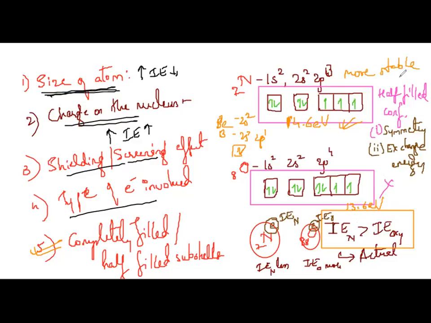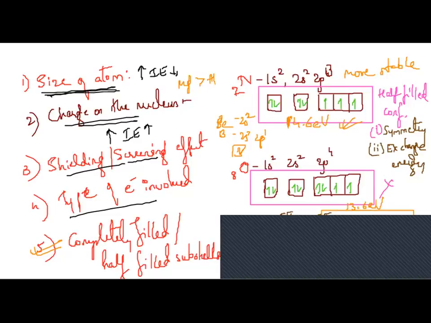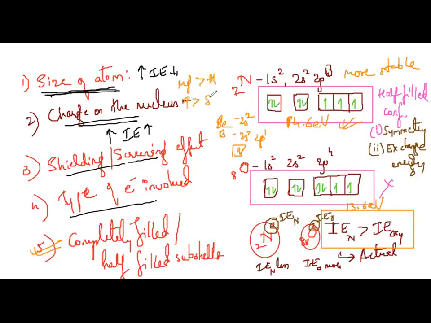Similarly, the ionization energy of magnesium is more than that of aluminium, and that of phosphorus is more than that of silicon. Nitrogen belongs to group 15, so the ionization energies of group 15 are more than those of group 16.